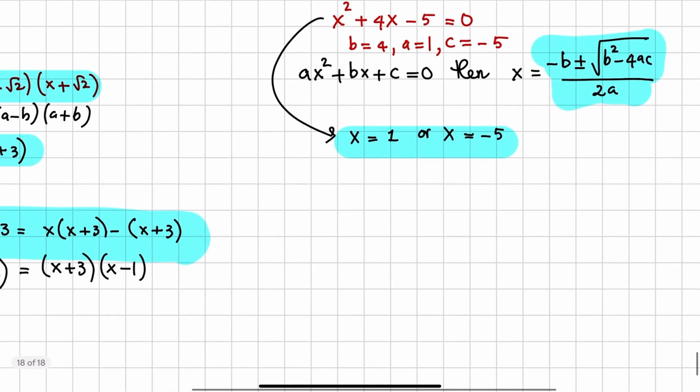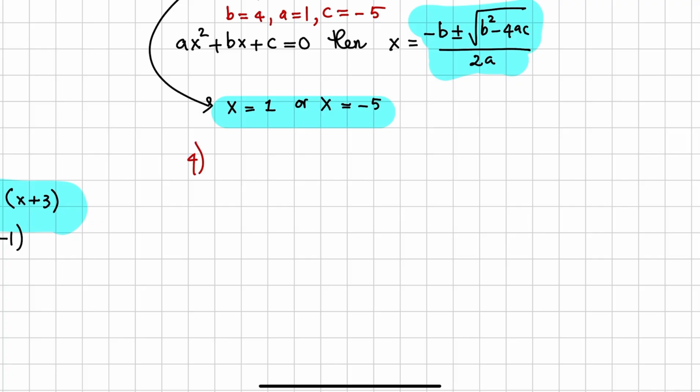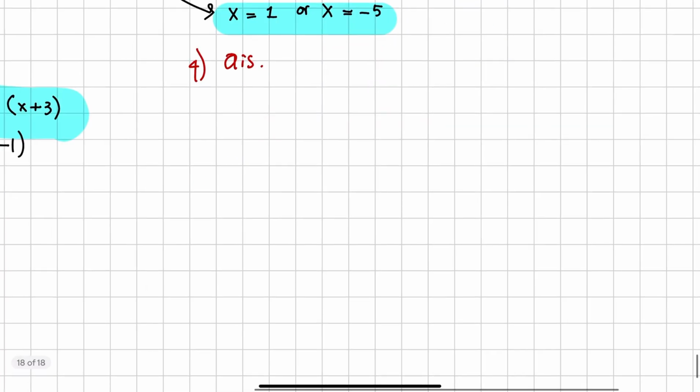About number 4, the discriminant. We use this to check if the equation has two roots, one root, or no roots. So if we have an equation like ax squared plus bx plus c equal to 0, and we don't know a, b, or c, we want to investigate when this equation has two roots, one root, or no roots.